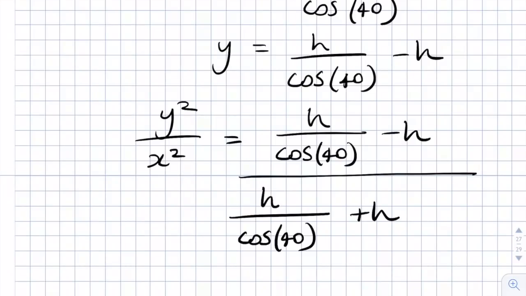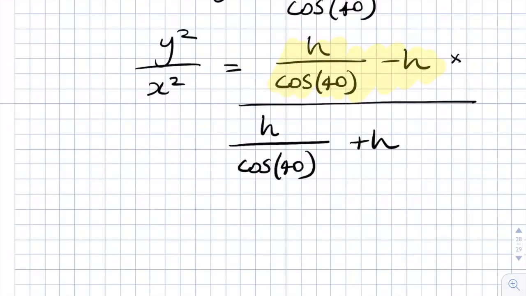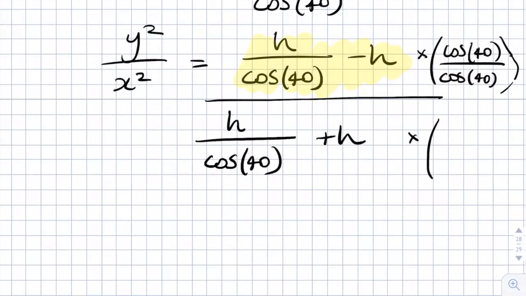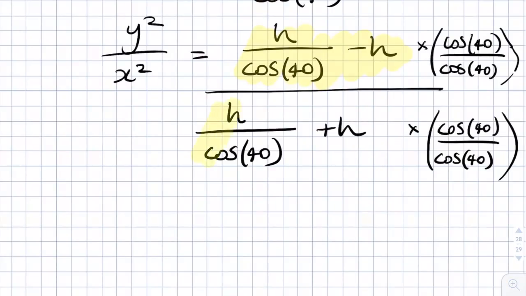If we look at the numerator and denominator separately, let's have a look at this top line. There's going to be a common denominator of cos 40. So if you multiply top and bottom by cos 40, and I'm going to do the same for this bottom equation actually, because they've both got common denominators of cos 40, just so it makes it a bit easier.